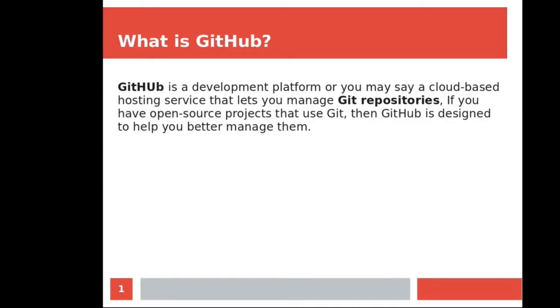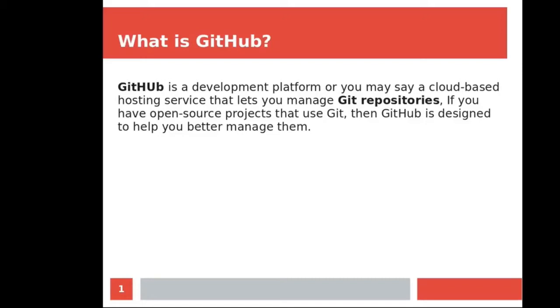So before starting Git and its commands, I would like to let you know about GitHub. If you have open source projects that use Git, then GitHub is designed to help you better manage them. It is a development platform which manages your Git repositories.